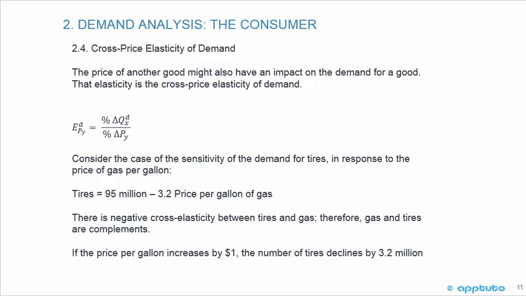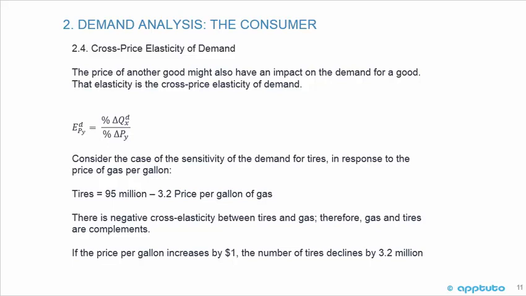So consider the case of the sensitivity of the demand for tires in response to the price of gas per gallon. So tires equals 95 million minus 3.2 times the price per gallon of gas. There is negative cross-elasticity between tires and gas, therefore gas and tires are complements.